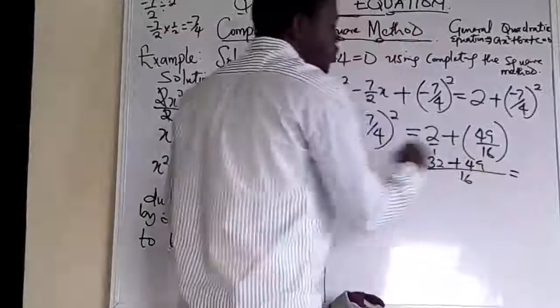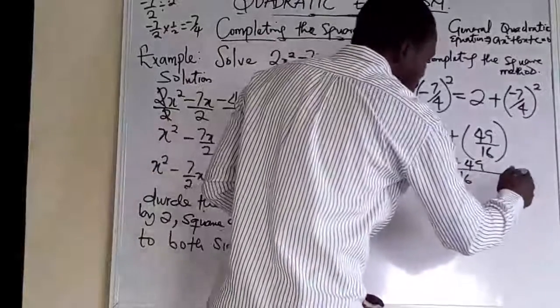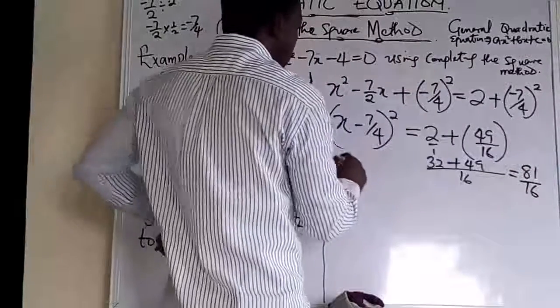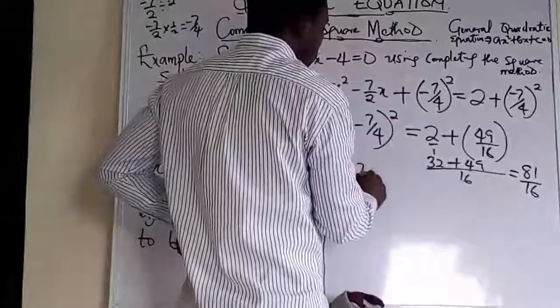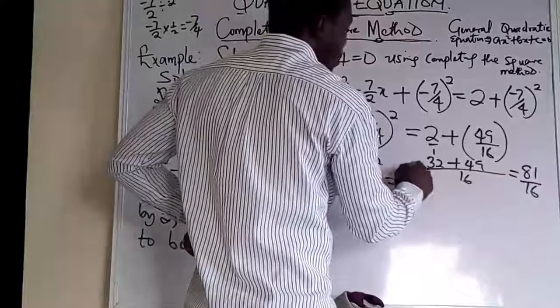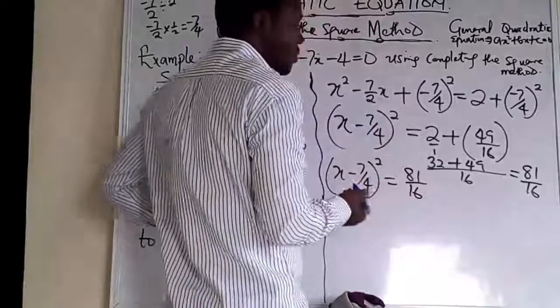So 32 plus 49 gives us 81 over 16. So what we have now is x minus 7 over 4, everything squared, equal to 81 over 16. So we take the square root of both sides.